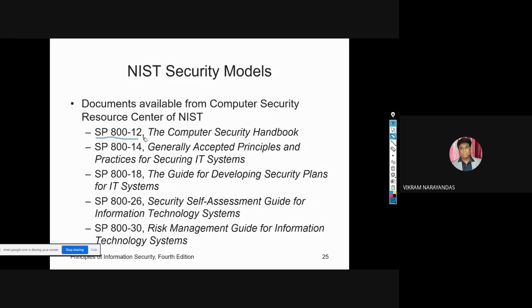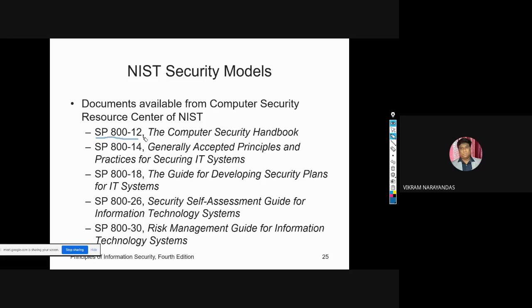It is used for the Computer Security Handbook, an introduction to computer security, the NIST handbook. Special Publication 800-12 is an excellent reference and guide for the routine management of information security.